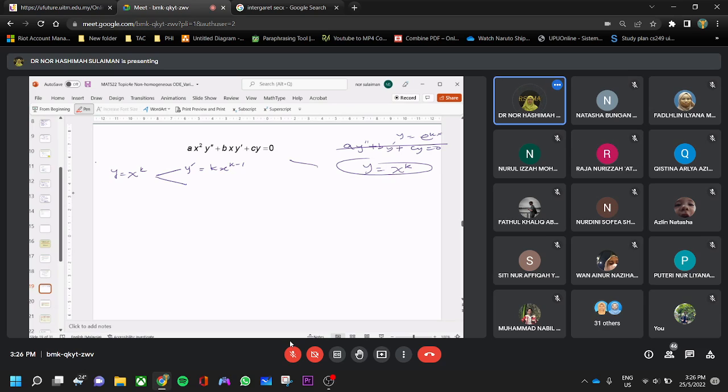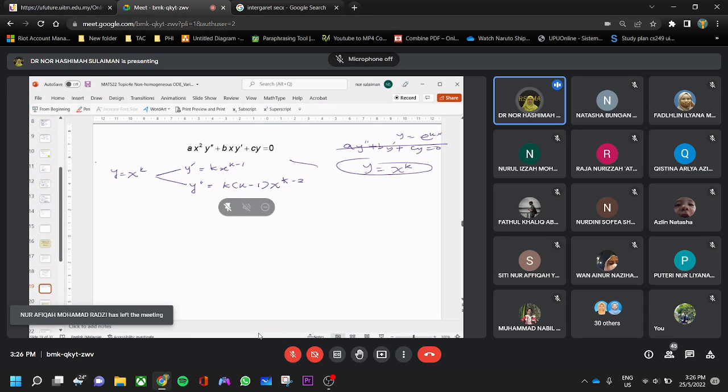If x to the power of 6 is differentiated, we get 6x to the power of 6 minus 1, correct? So what is y double prime? k multiplied by k minus 1 and then x to the power of k minus 2, correct?